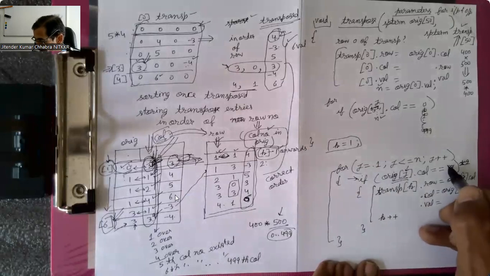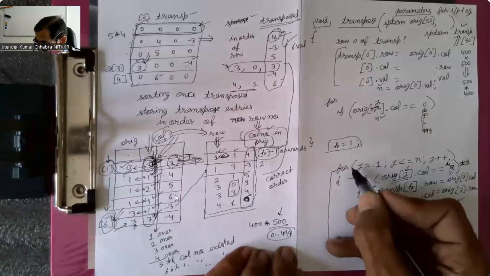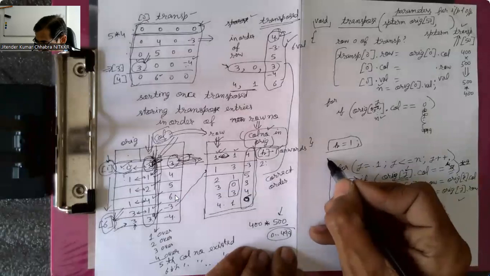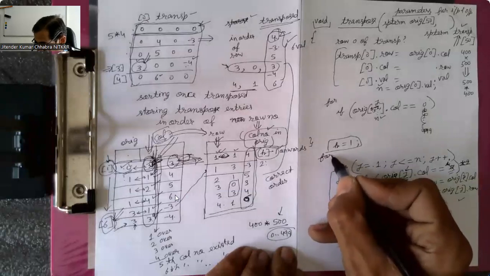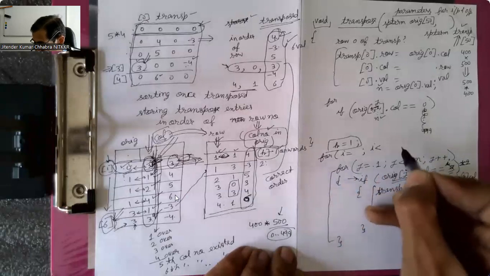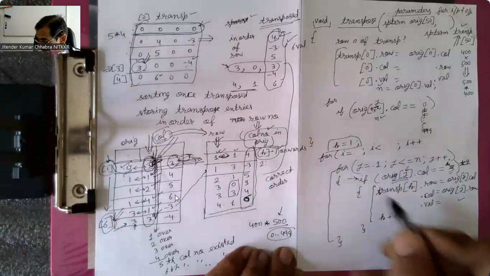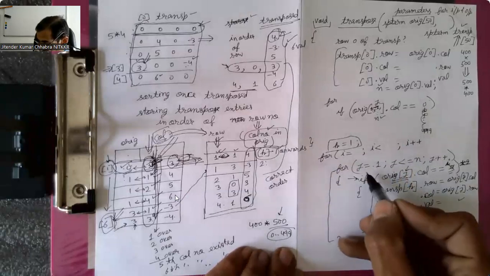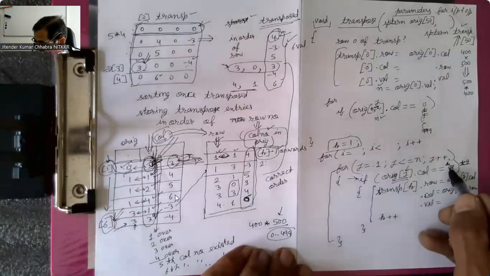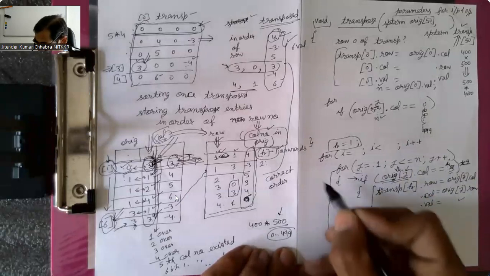In general, I will say let it be I. So now I need I to change for every j. So the I loop will be outside: I equal to something, I less than equal to something, I plus plus. But I should be an outer loop, j should be inner loop, because once I is taken as 0, all entries of original should be taken.